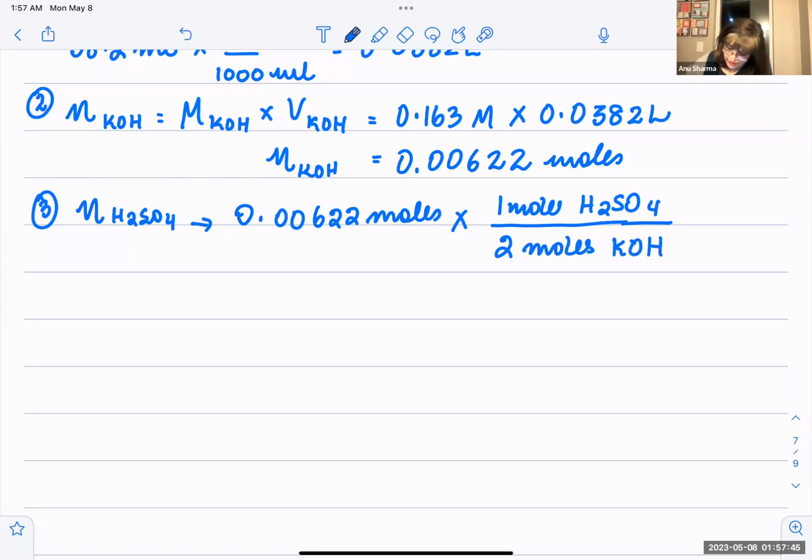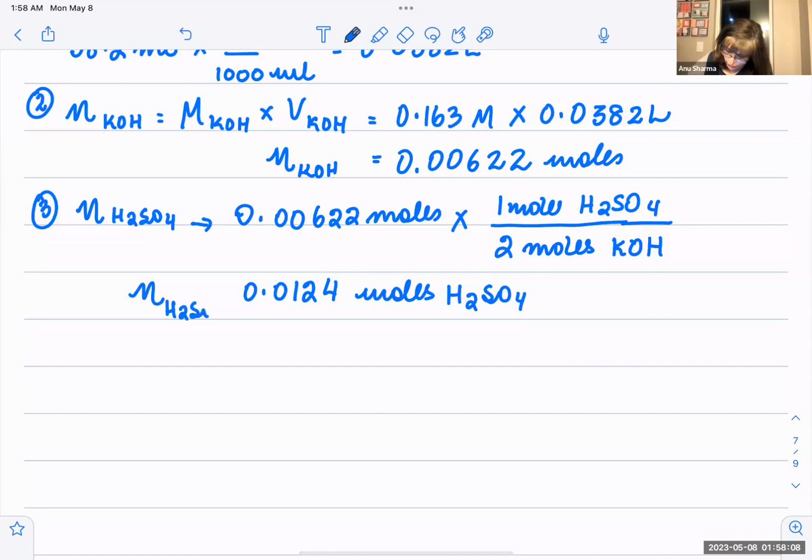So here we have now divided by 2, and that gives you 0.00311 moles of H2SO4.